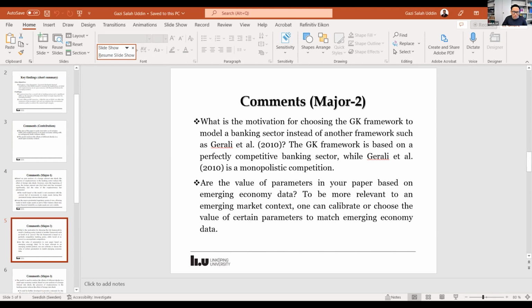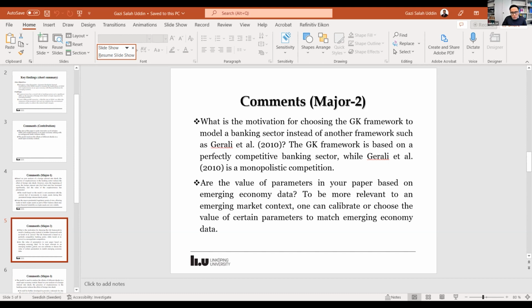Among models with the banking sector, I'm also aware of the model of Shirley. It's good because the model of Shirley is a model of the interbank market, so we have several banks there.